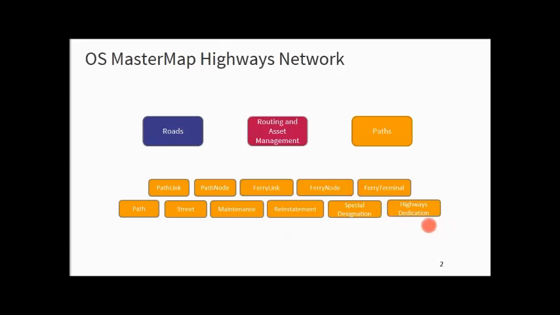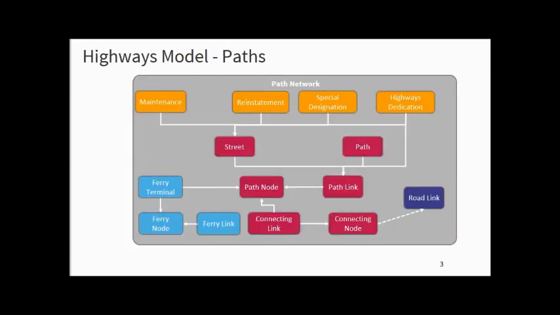Let's start with the next diagram of the path network. You can see now on the slide the different feature components and the relationships to one another.